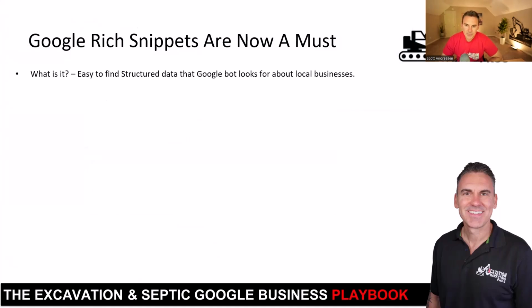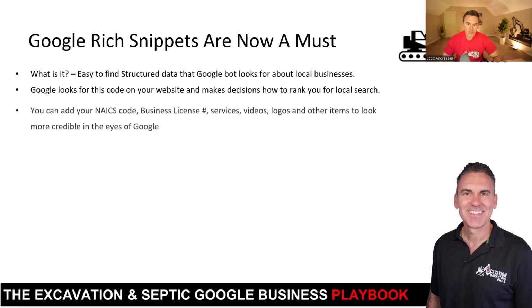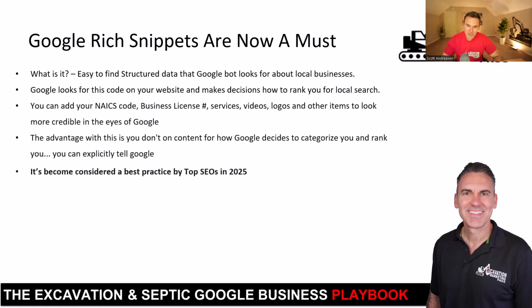So Google Rich Snippets is technically structured data that Googlebot looks for about local businesses. It looks for this code on your website, and it will make decisions on how to rank you for local search based on it. You can add your contractor codes, for instance, business license, your services, videos, your logo, and other things to look more credible in the eyes of Google.